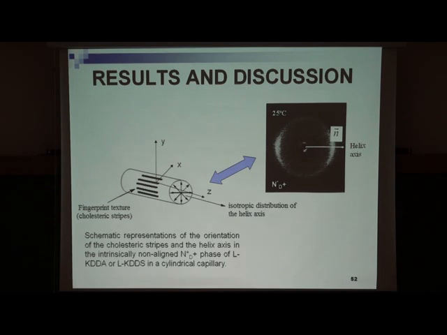But these are my suggestion. I think different experiments should be repeated to understand these phases. And we explain these results by the isotropic distribution of the helix axis.